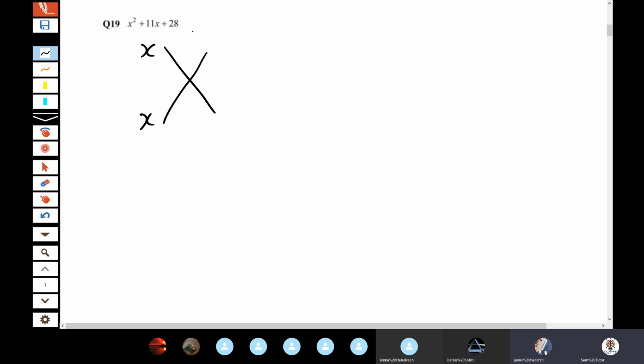Yep. Two things that multiply to get you 28. 7 and 4. Yep. And then would 7 and 4 get you 11? Yes. How? By adding. And then your answer that we're looking for is what? x plus 7 and x plus 4.